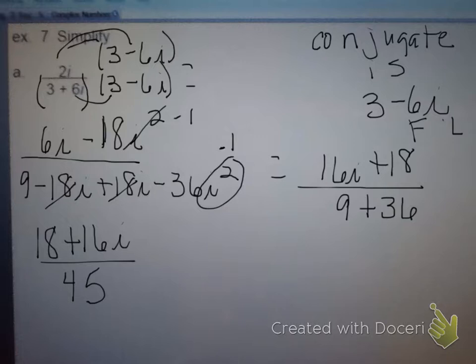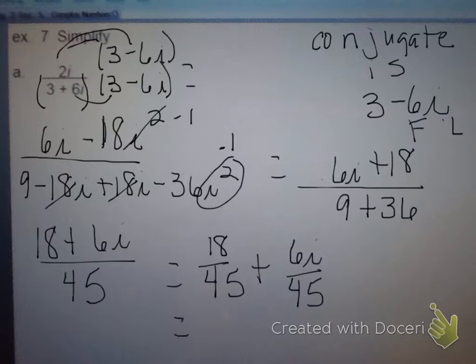Now we need to separate this. We need to reduce this. So put each term in the numerator over its own denominator. It should be just a 12, not a 12i. And then 6i over 45. And then we can reduce each fraction.